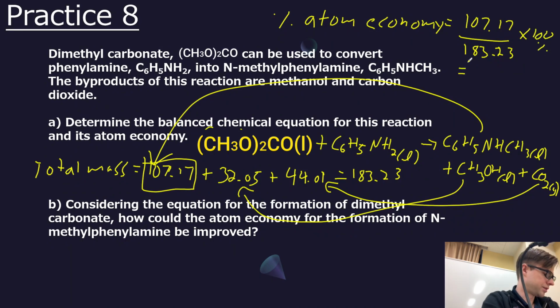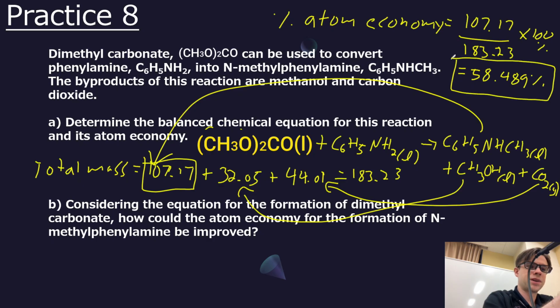So that comes out to 58.489. And that's not really great. A lot of the mass of our mixture is being wasted as CO2 and methanol that we're going to have to deal with at the end. Find something to do with it or find somewhere to put it.